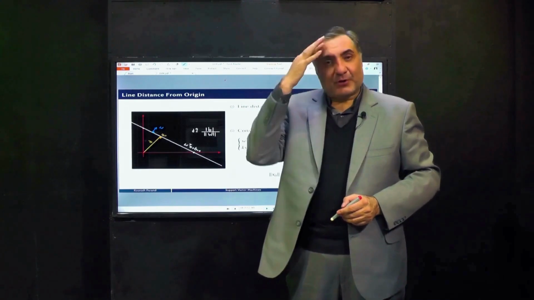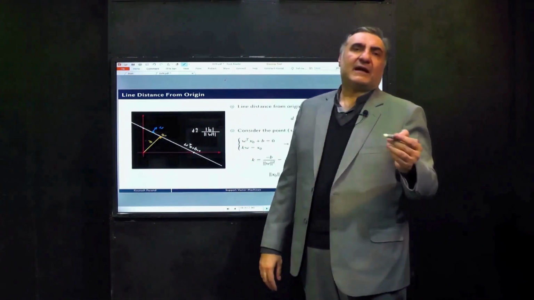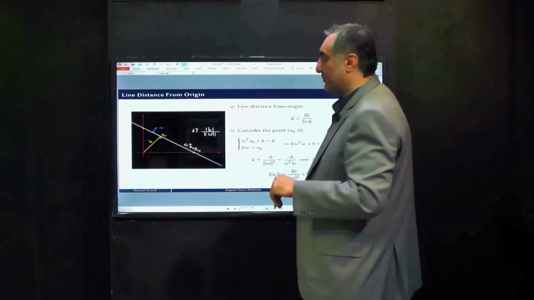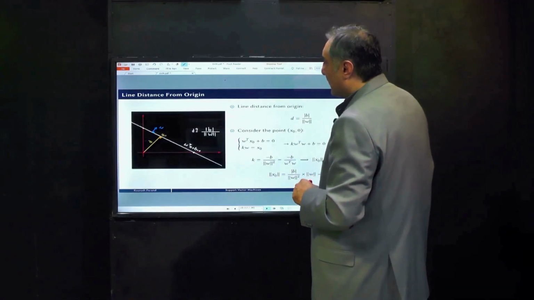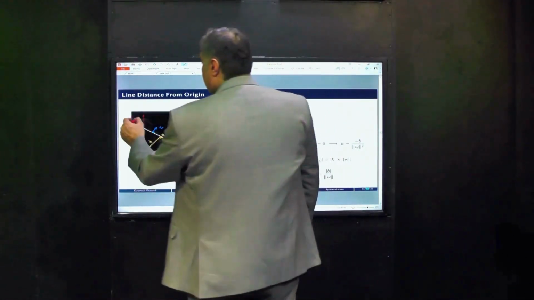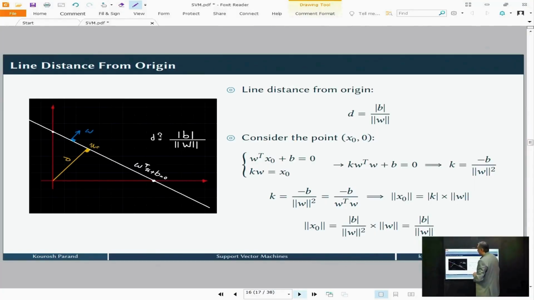Before I do that, there are a few points that I should mention from a mathematical perspective, which are actually very simple. First question. Consider this line, W transpose x plus b equals 0. What is the distance of this line from the origin?